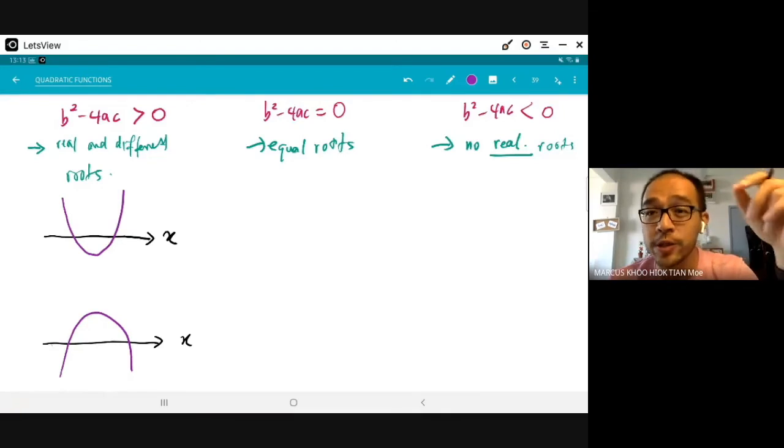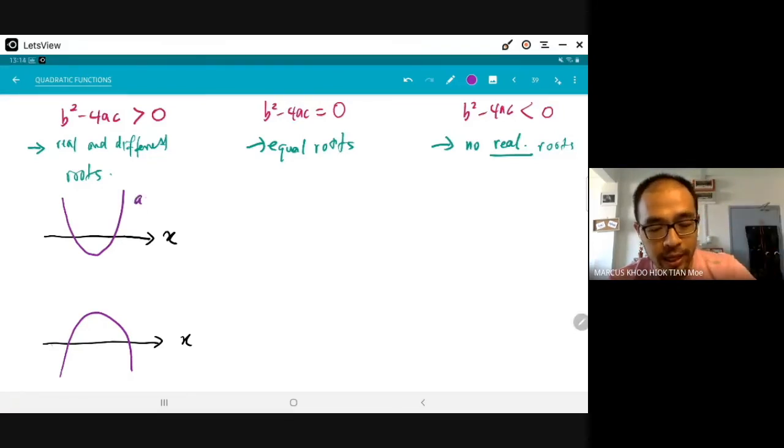Real and different roots, these are the two cases. Minimum graph maksudnya A adalah lebih dari kosong, a positive number, and this is A is less than 0.